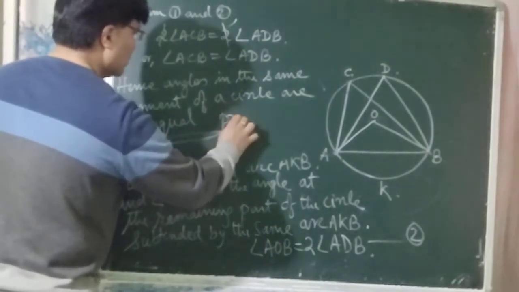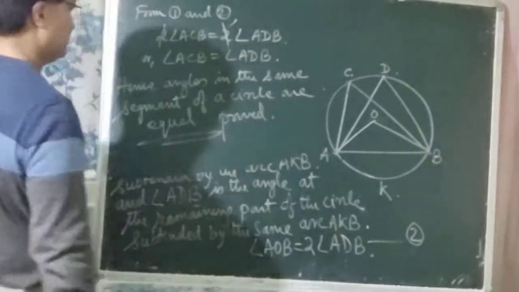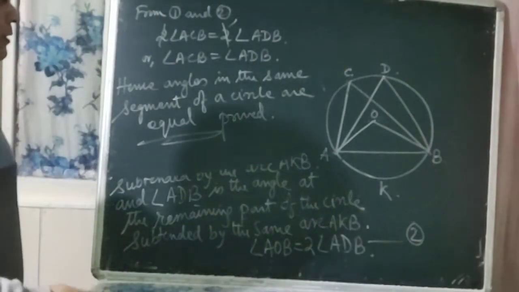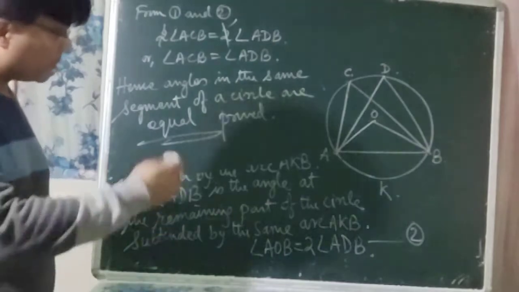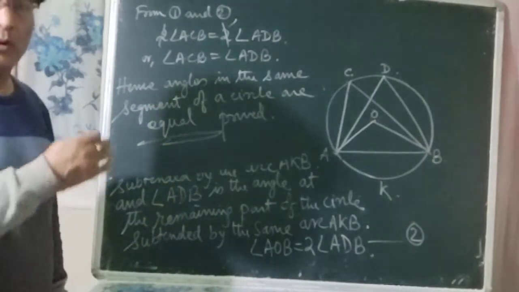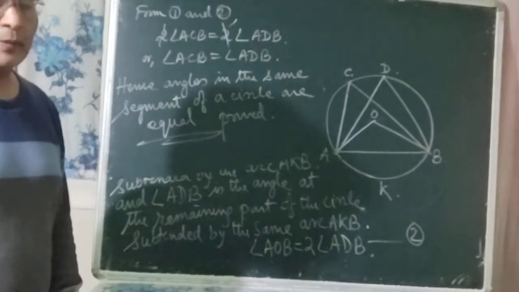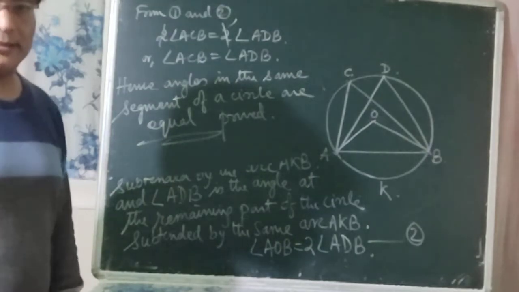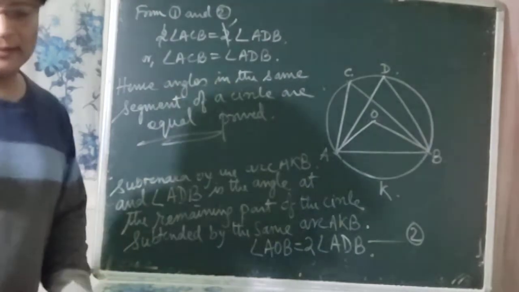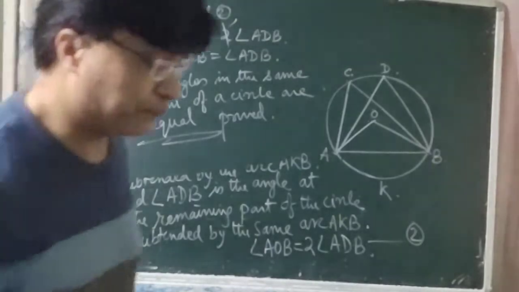So it is proved. So I think you have understood it. So you have to write down all the answers in your copy and you have to learn it. Okay, so we'll do the next theorem now.